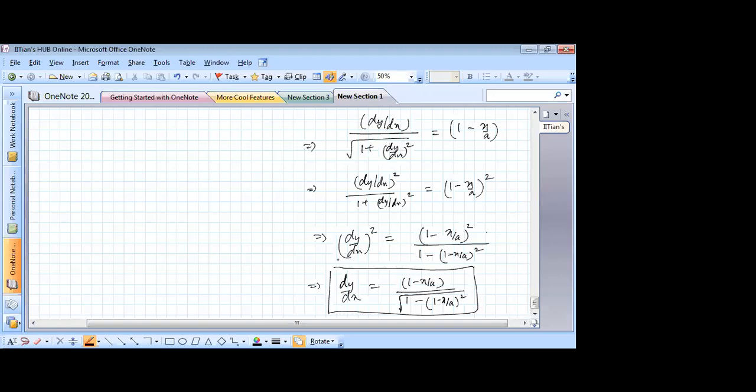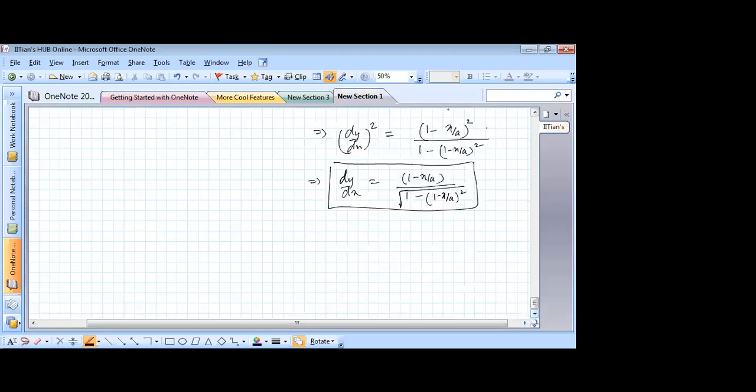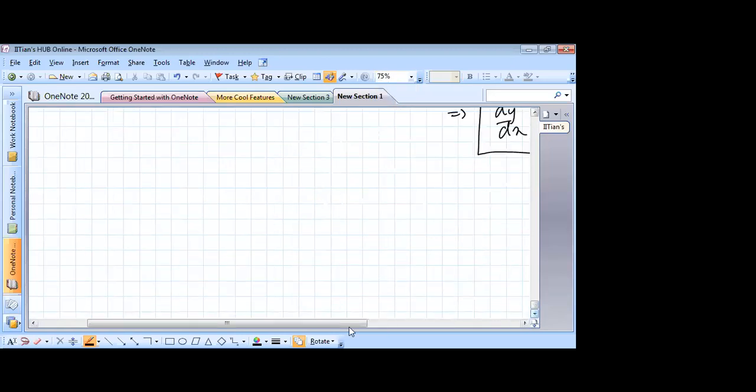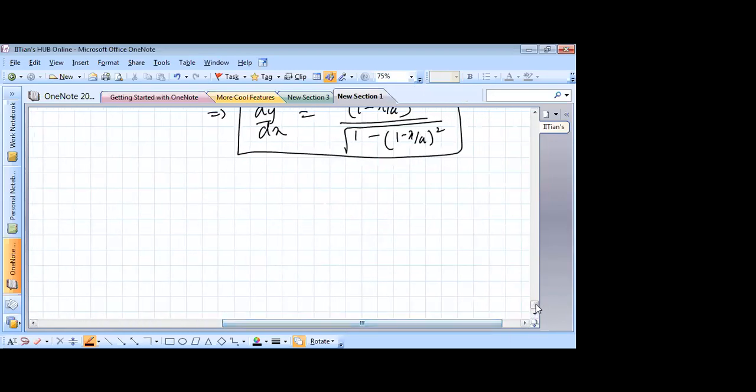Now it's a question of how we solve this differential equation. Okay, so for that there's a bit of trick involved. So just cross multiply.